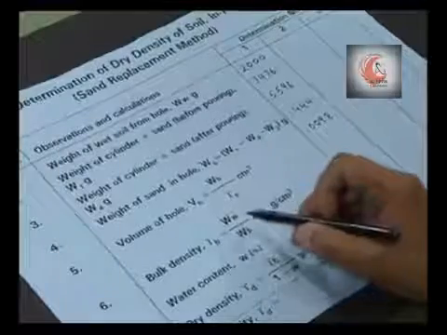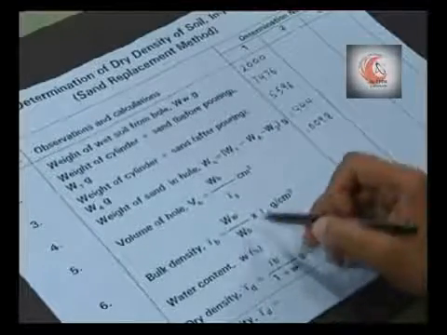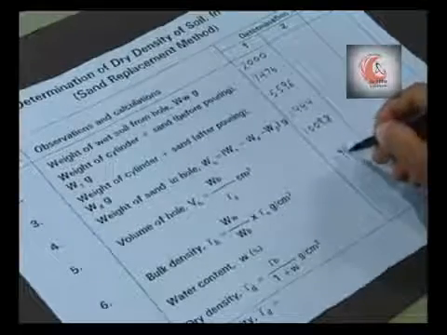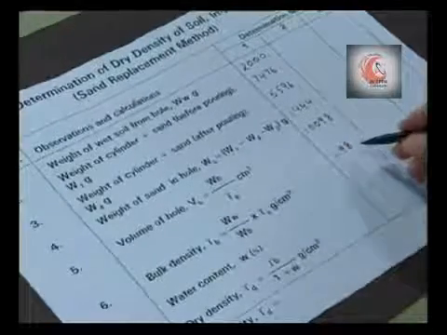Bulk density is the ratio of weight per unit volume. So in this case it is 1.98 gram per centimeter cube.